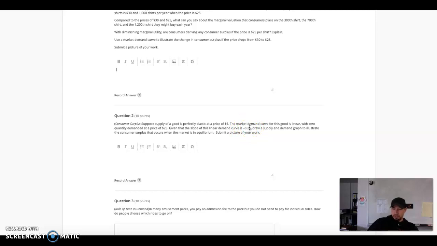This would be 25%, or 1 over 4. That would be a number that would be kind of easy to work with. So minus 1/4, or 1 over 4, is the same as minus 0.25. We should be able to figure out a demand curve based on that information.